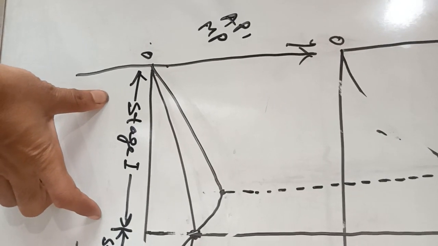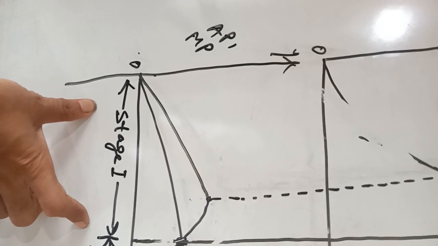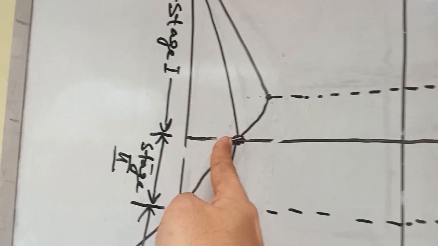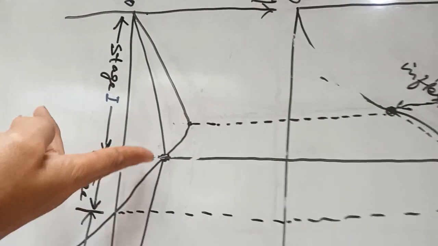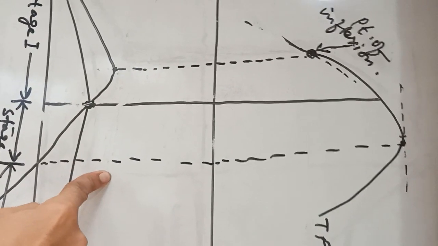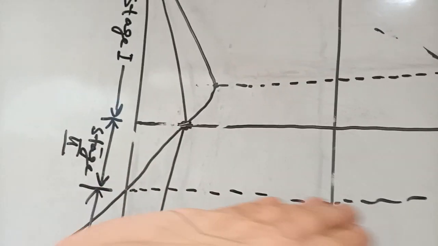And stage 1 is called the stage of increasing returns. From this level where AP and MP are equal, I've drawn this line. From this level till this second dotted line, that means the point where TP has reached the maximum and is just about to fall, MP is 0, till this line.